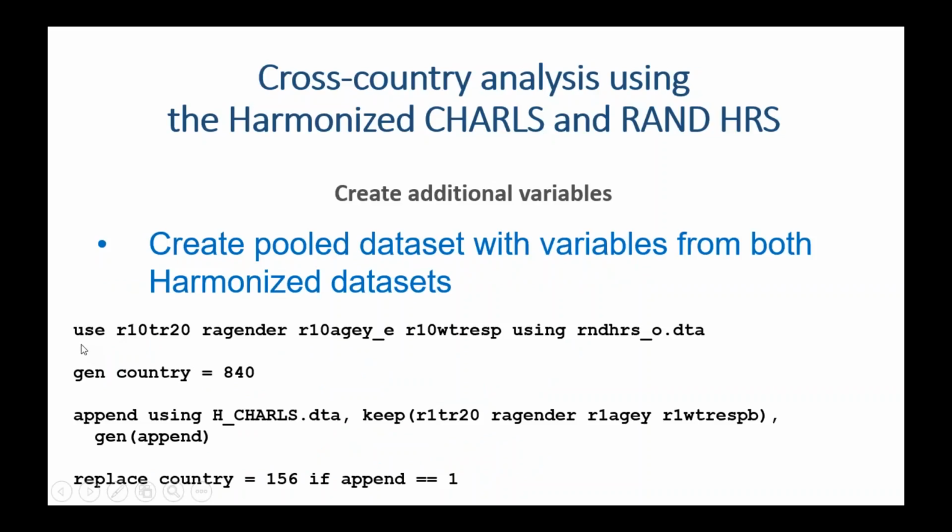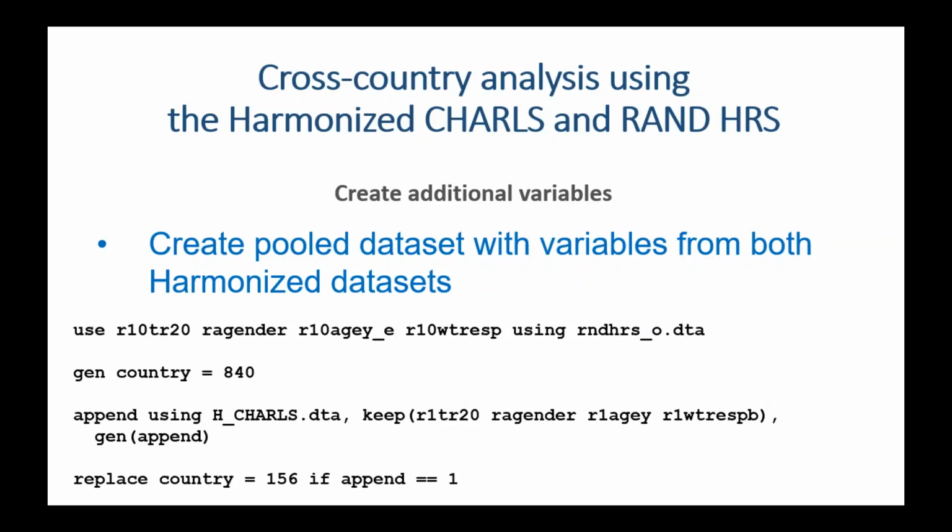So first we're going to use, and in this case we're not going to pull in all of the variables. For our first example, we already had the entire harmonized CHARLS data set loaded into our Stata memory. But in this case, we're just going to pull in those variables that we want. And this is helpful, especially because the RAND HRS is absolutely massive.